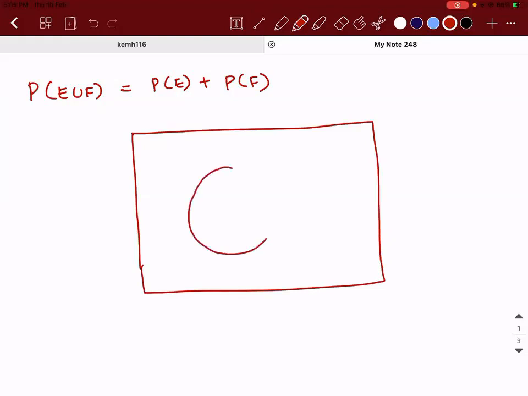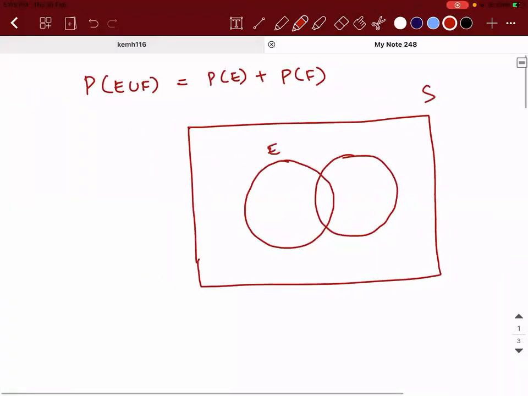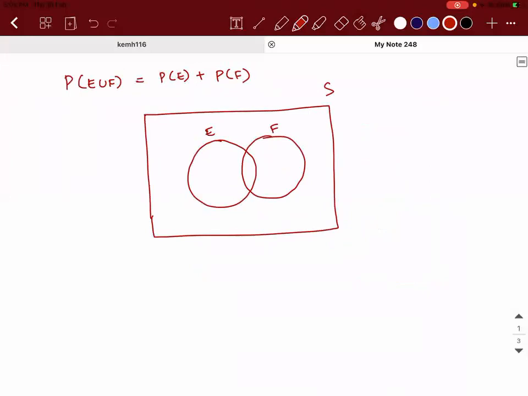Let's say there are 2 events from the sample space. This is event E, this is event F. Let's say the number of elements in E is n of E and the number of elements in F is n of F. Then if I ask you, what is the number of elements in E union F? Use the basic concepts of sets and tell me.